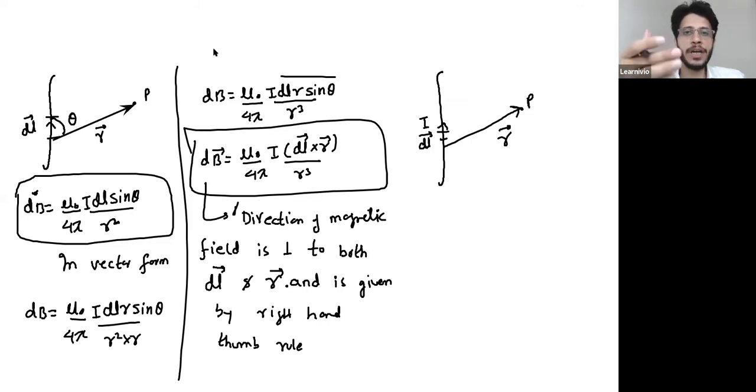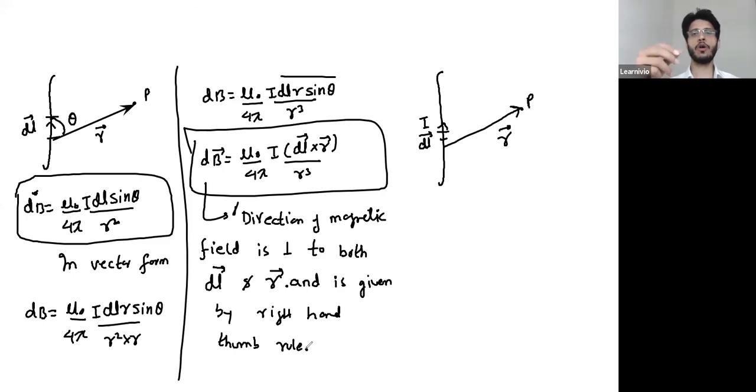That vector is perpendicular to the screen, either out of the screen or inwards into the screen. To decide whether it is outwards or inwards, we have to use the right hand thumb rule.